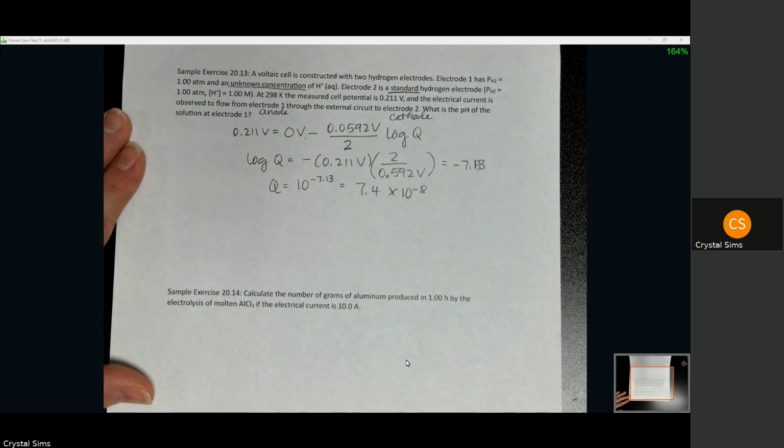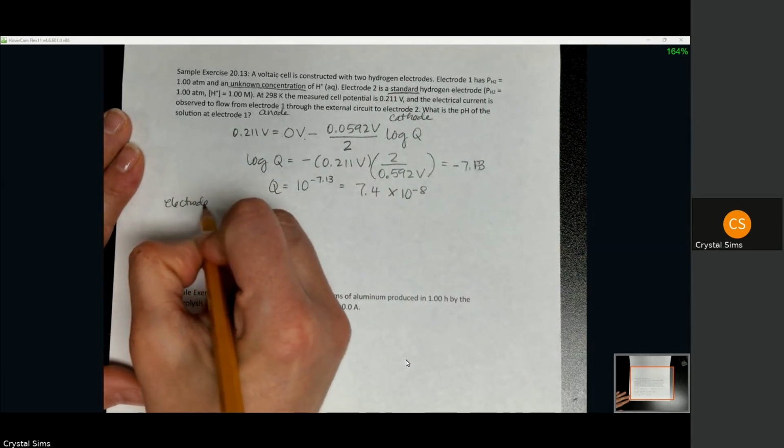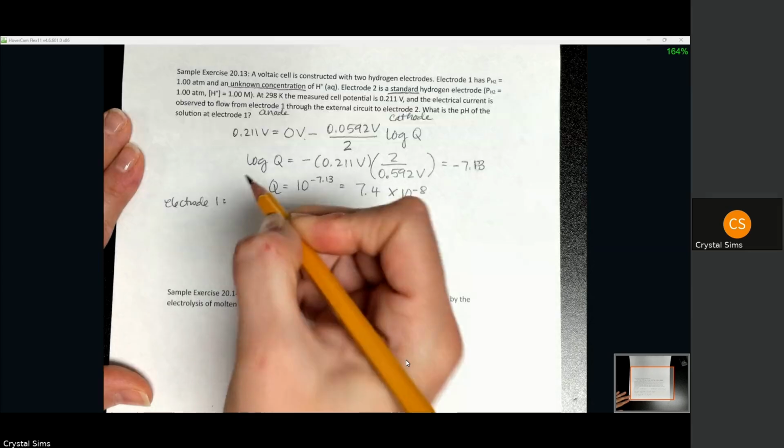So we need to figure out our half reactions here. So first, in electrode 1, this is what I have.